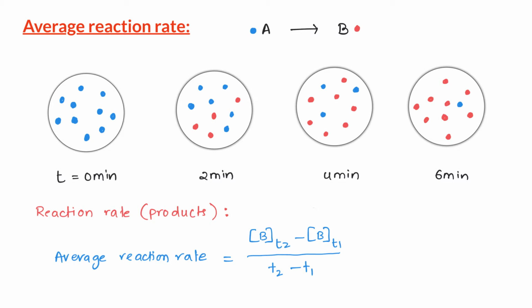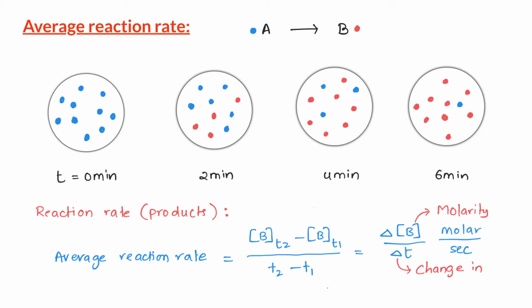And we represent the average reaction rate by writing delta concentration B by delta T. The square brackets mean the concentration in molarity, and the triangle or delta represents the change in that concentration. Therefore, the units for the reaction rate are molar per second or moles per liter per second.